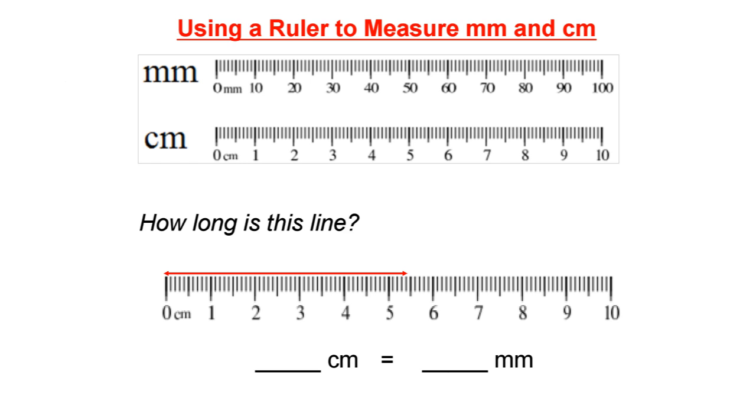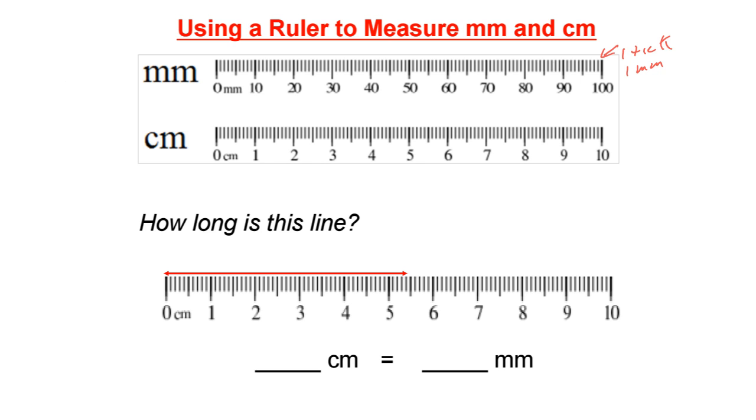So those ticks that we were talking about right here, remember we said 1 tick was 1 millimeter on this ruler here. And you'll notice that there is a centimeter ruler just below it. So here's what would happen.